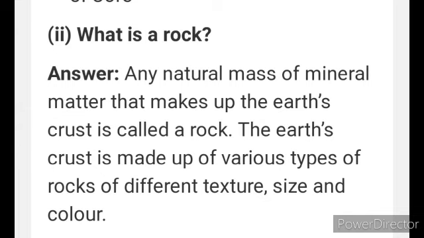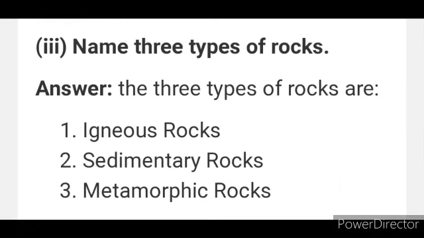The earth's crust is made up of various types of rock of different texture, size, and color. The next question is, name three types of rocks. The three types of rocks are the igneous rocks, the sedimentary rocks, and metamorphic rocks.